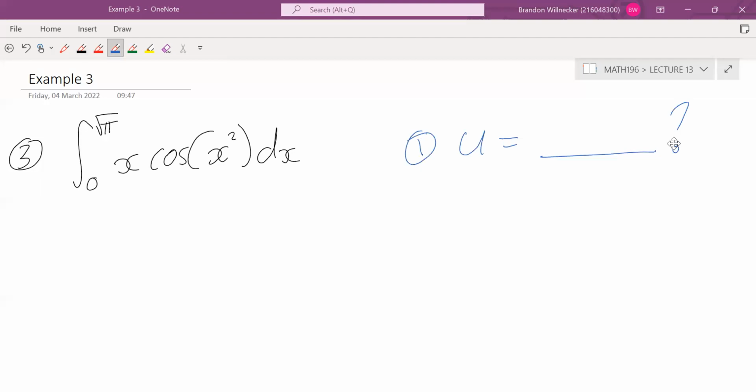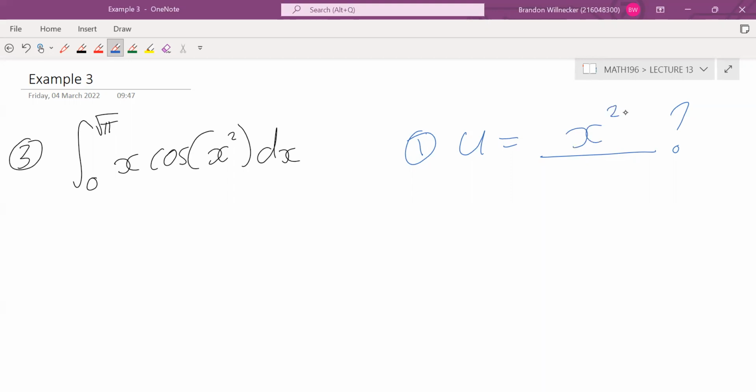What should u be equal to in this case? Any ideas? Okay, so we're looking for some inside function. U is equal to x squared. Yeah, you got it. Okay, so u is equal to x squared.